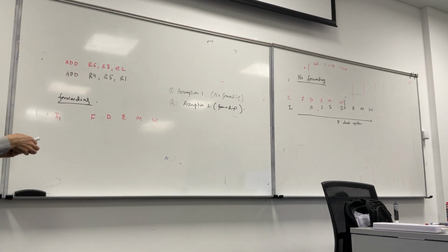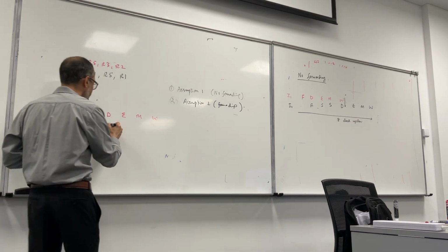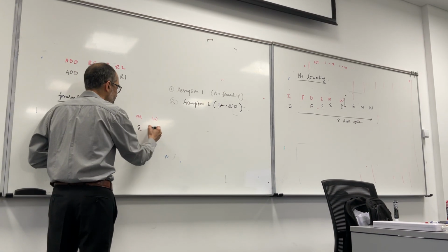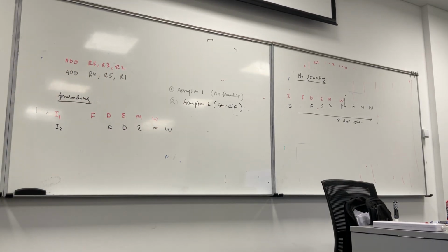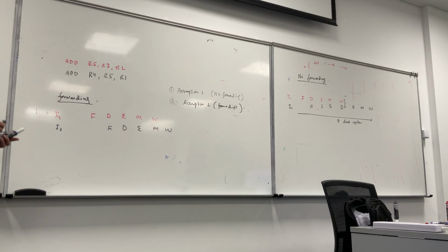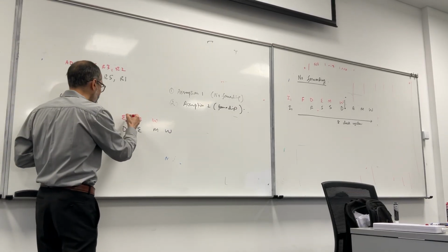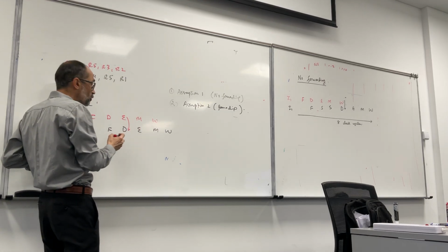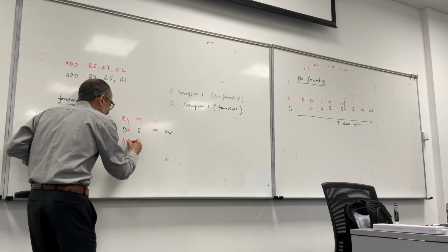And now for I2, we have fetch, then decode, then execute, then memory, and then write back. And now when we have this execute stage, it is forwarded from the execute stage of I1 to the decode stage of I2. From where? ALU1 or ALU2? ALU1.